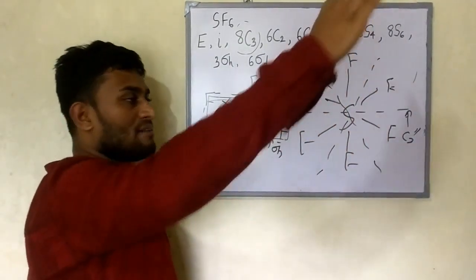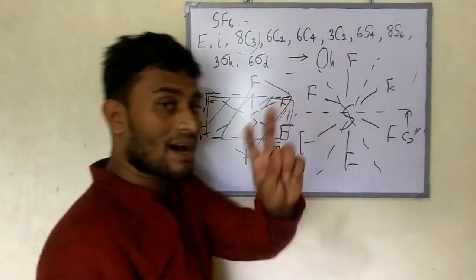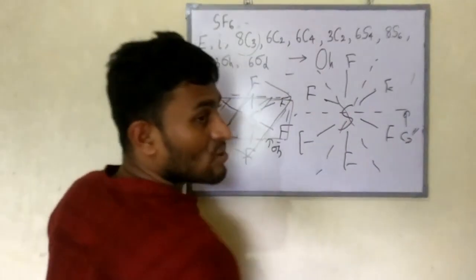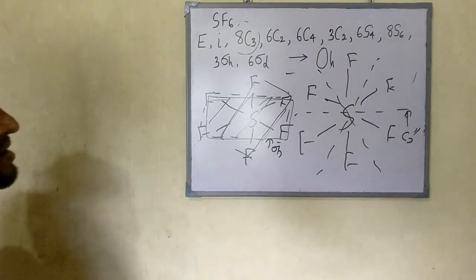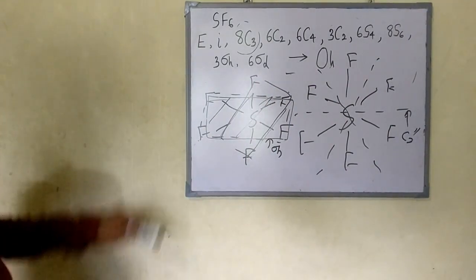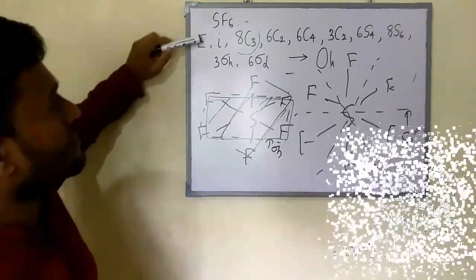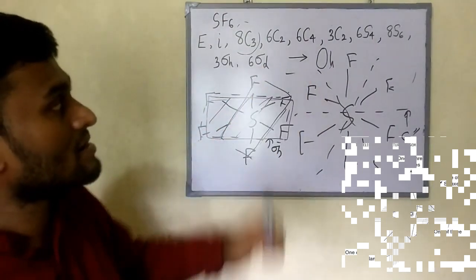And one F is there, other F is inside. So there are another C2. So C2 double dash correlate with sigma D. So altogether 6 sigma D's are possible. So this SF6 is somewhat difficult, there are a lot of symmetry elements, but you need to write very much proper.